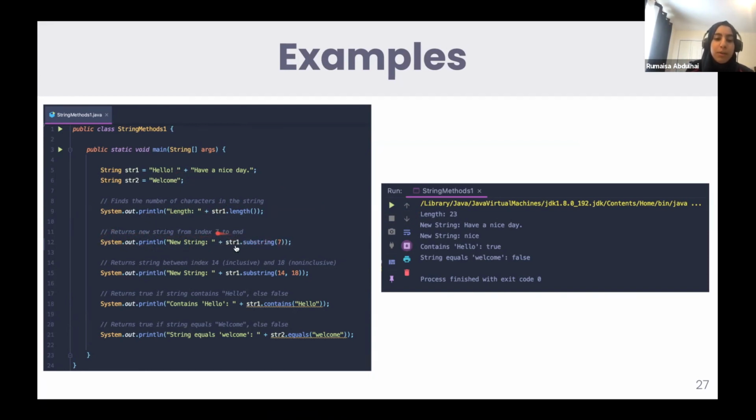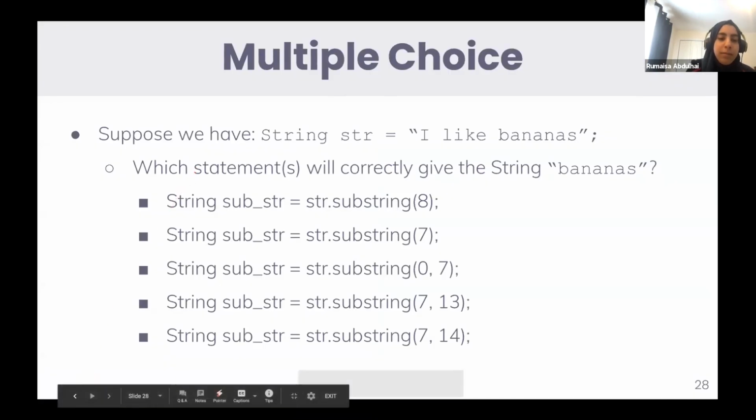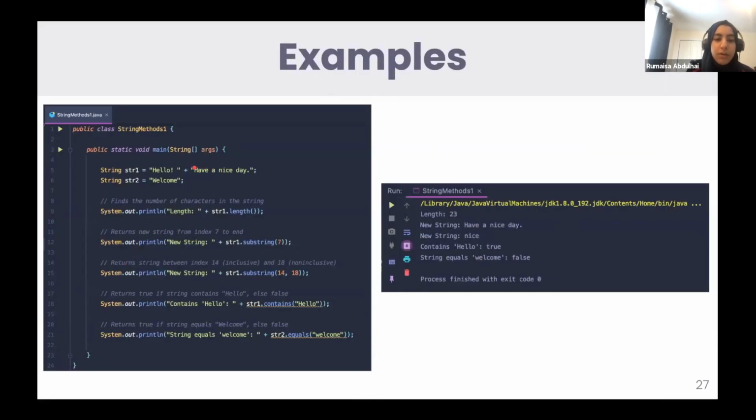For example, if we have string1.substring 7, we can count all the way to the 7th index. So 0, 1, 2, 3, 4, 5, 6, 7. So it will start from this letter H and it'll go all the way to the end. So have a nice day should be the new string.